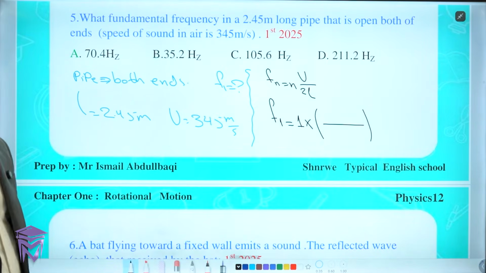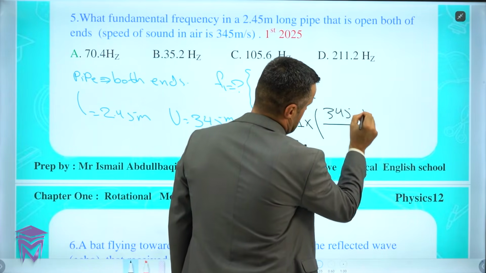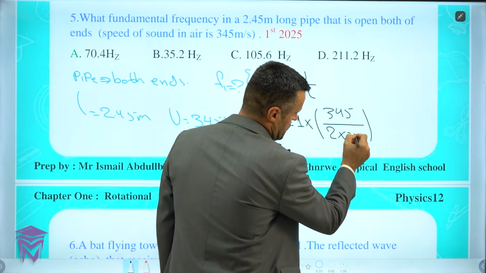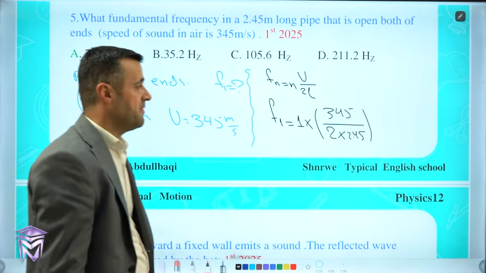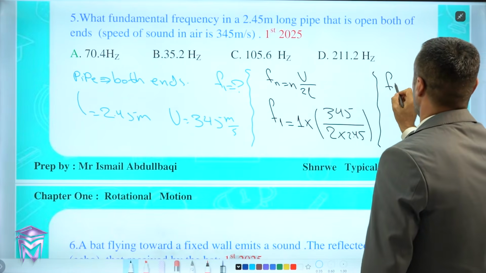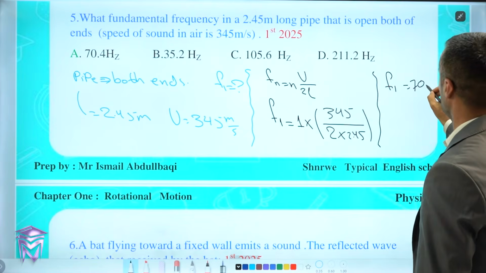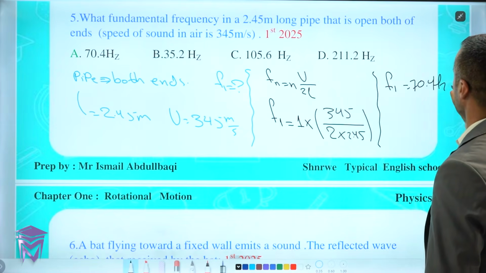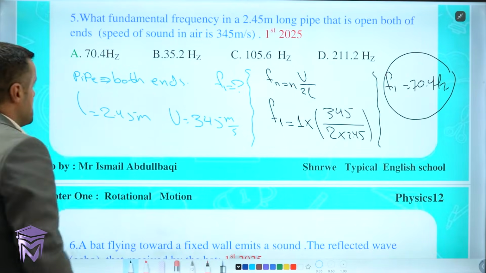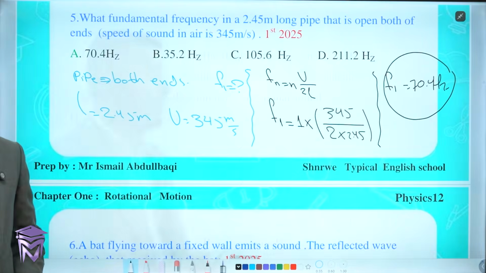V equals 345 meter per second. 2 is constant. L equals 2.45. We get F1 equals about 70 hertz using your calculators. We can say the correct answer, option A, is 70.4 hertz.